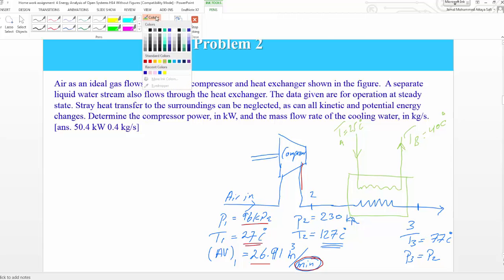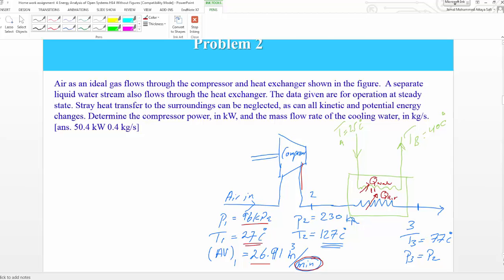And if I take another color, I can say that Q, because the air will lose Q, so we can say Q air, and this Q will be absorbed, so Q taken by the water, and those are equal.